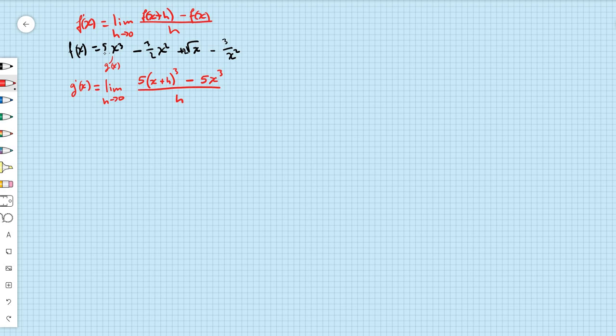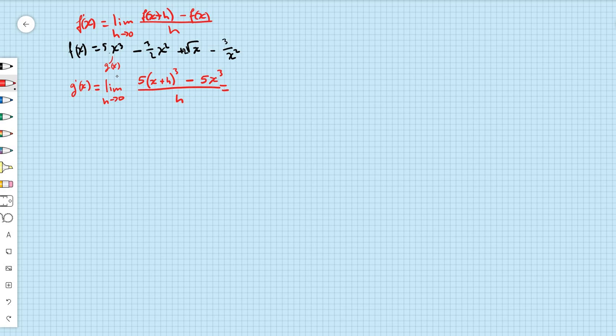Now, you can develop this to make it easier, because if you substitute the value of h here, 0, you go back to the same thing, so you don't really do anything. So let's develop this and we'll see what we get.